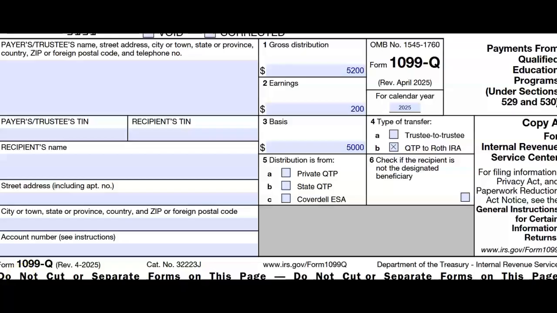Because if they have excess amounts left over in their 529 plan, when they take the distribution, the earnings portion is going to be taxable. But by allowing them to move it to a Roth IRA, where when they become eligible for qualified distributions, the earnings will be tax-free, that ensures that they avoid paying income taxes on the earnings portion.